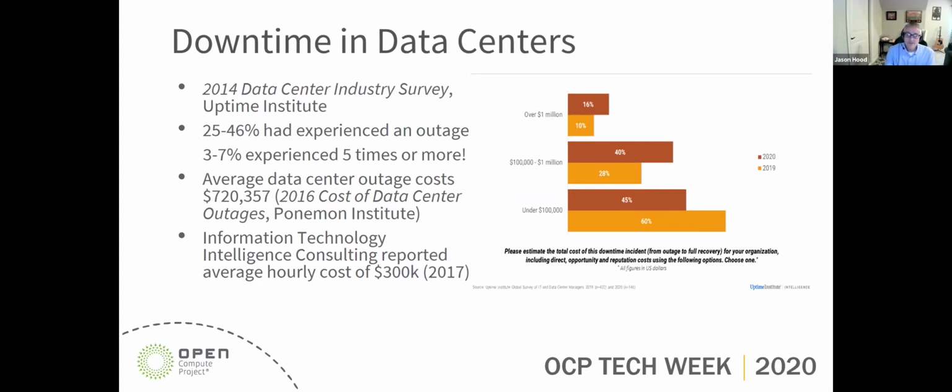If you look more recently, the survey from Uptime Institute this year, 2020, shows that 40% of the respondents had estimated the cost of their downtime to be between $100,000 and $1 million. And even more surprisingly, 16% said over $1 million. So what does this mean? Essentially, downtime happens, we know it happens, and when it does, it's really expensive.